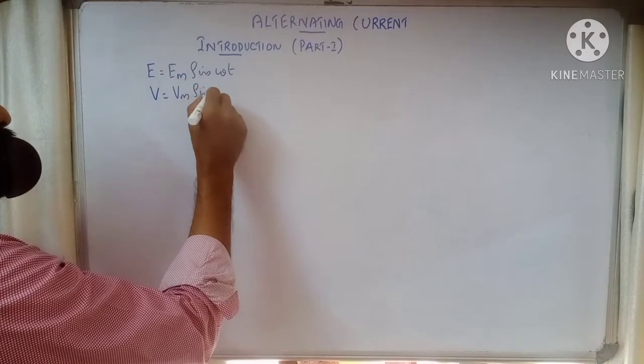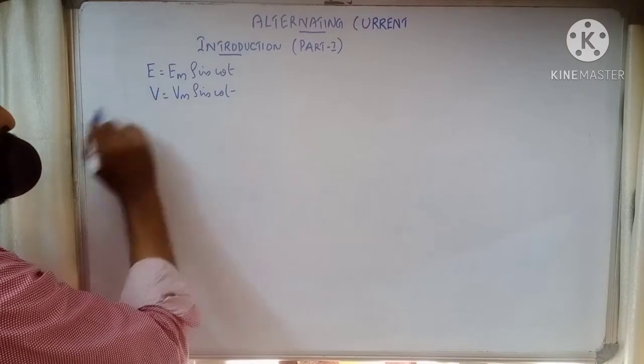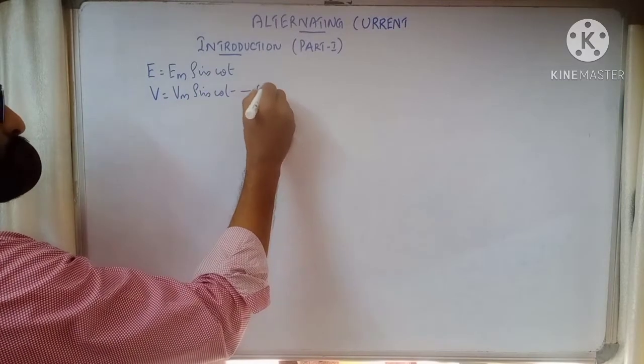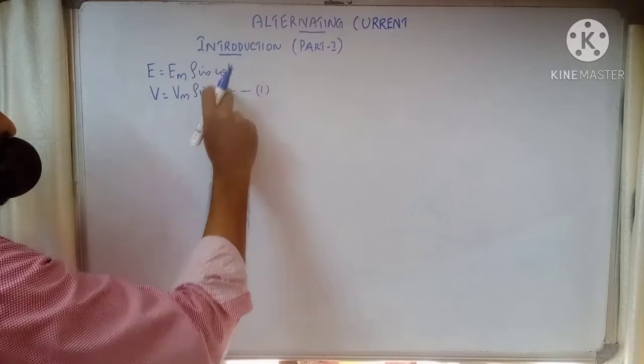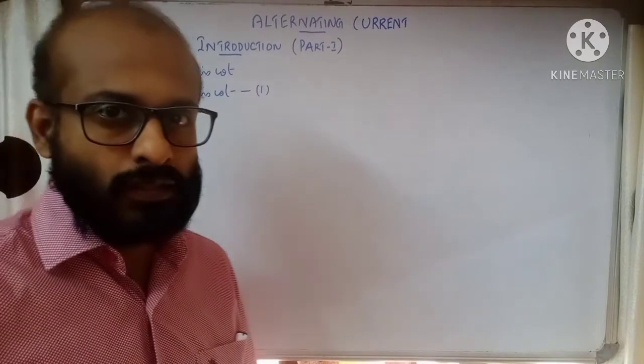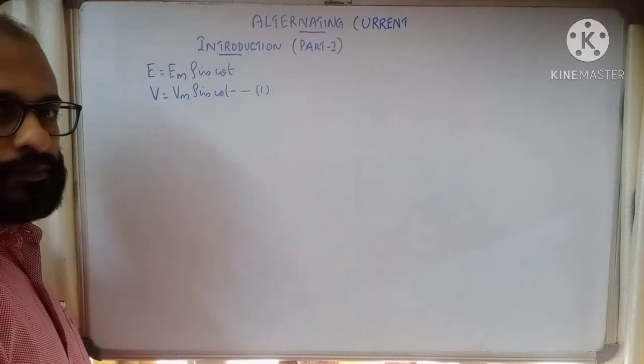These are the different types of expression. EM or VM we can use both, EMF or voltage. So I just use this equation, V is equal to Vm sin omega t. You can select either of these equations. And Vm is called the peak value of voltage, the maximum value of voltage. The voltage varies according to sin omega t.